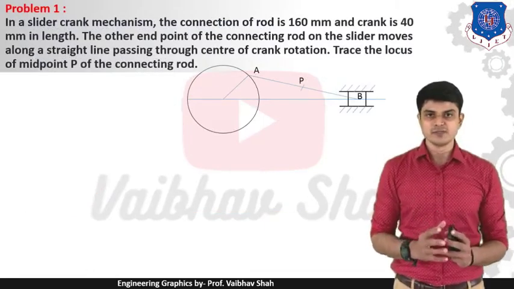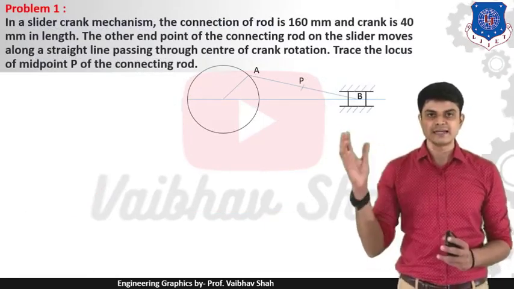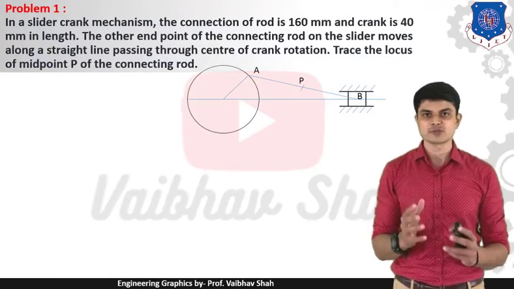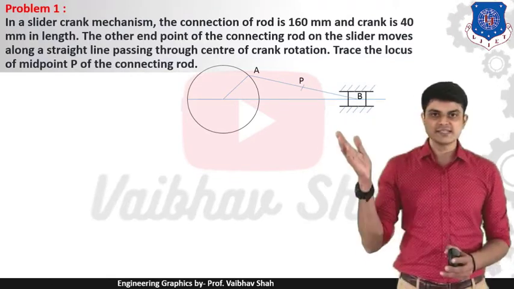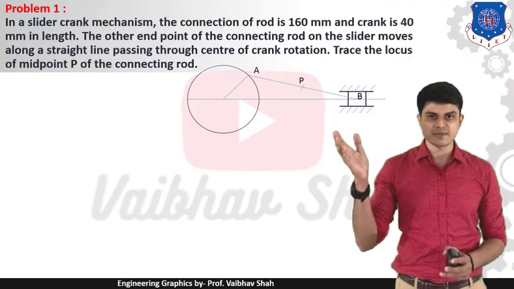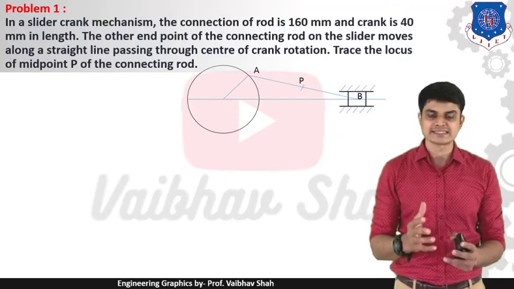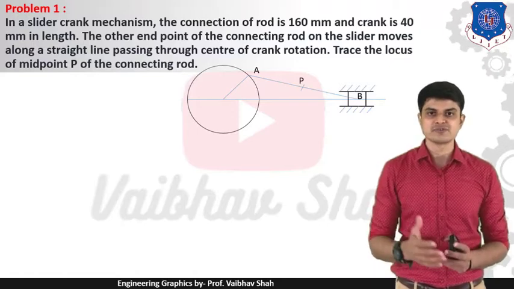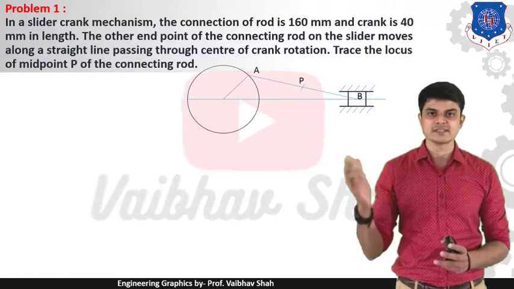So problem number 1. Let us read the question and look at the diagram at the same time. This is our simple slider crank chain mechanism, and we have the example for this mechanism. Let us first understand the problem statement, then correlate it with this diagram.